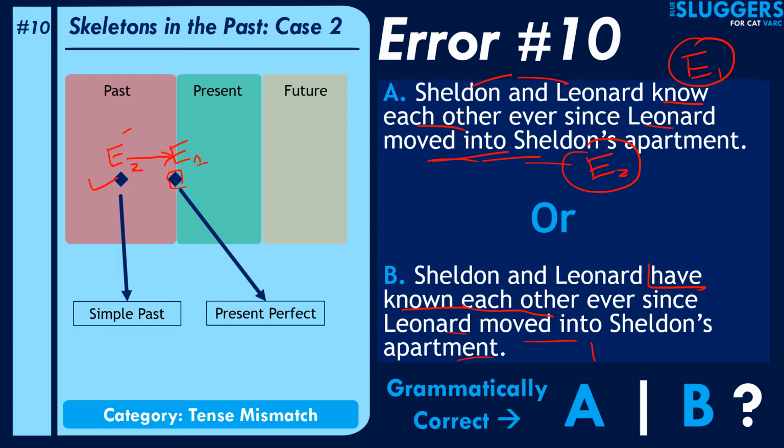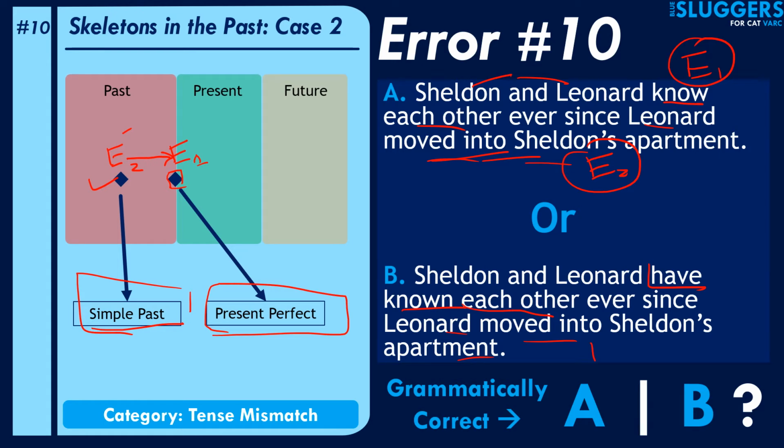Then the treatment in terms of tense that you will provide to both of these two actions will be as follows. The event that has happened in the past will take the simple past form, and the event that is still continuing, or is just on the border of past and present, will take the present perfect form. If you notice, reading any verb which is in the present perfect form will always give you a feeling that it is not exactly in the present, there's a sense of past associated with it.